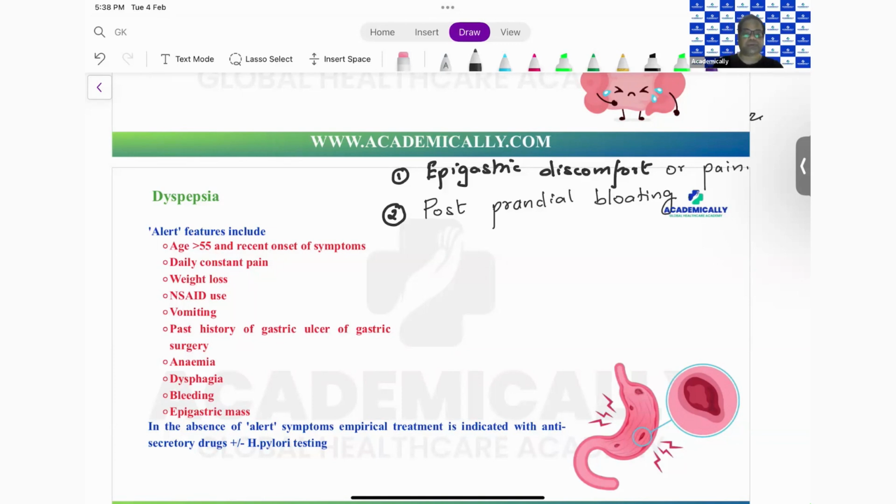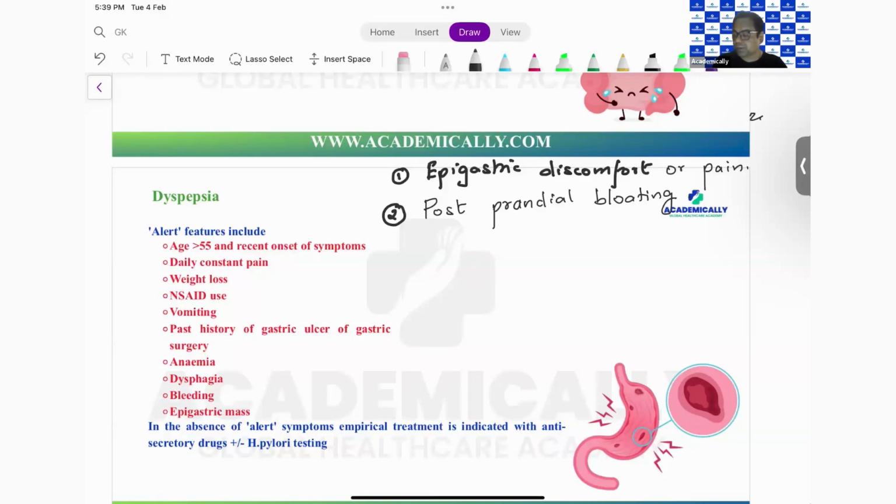So any of these two can be called dyspepsia. Why do we combine them or take them together? Because many a times, most often we see that the causes of either of these are more or less similar.